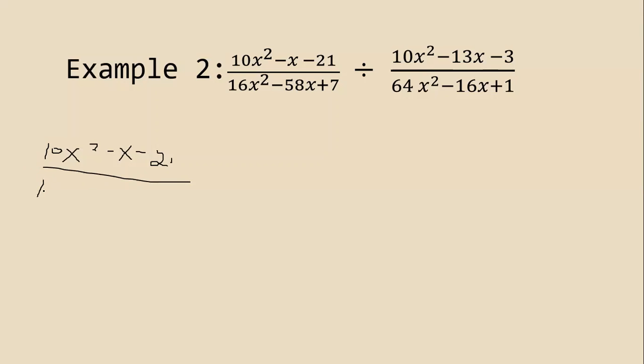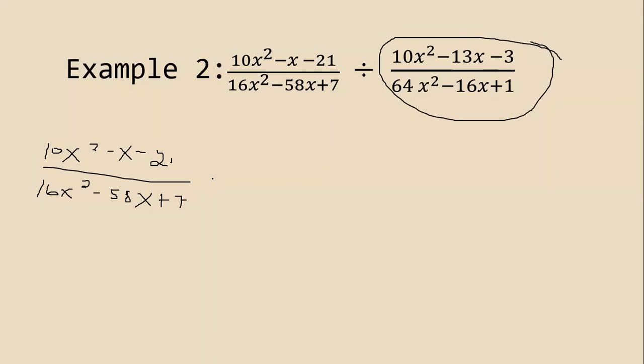and then our denominator. Denominator is found in the dividing rational expression. Our denominator is found after the operation sign division. So flip po natin yan. Reciprocal po natin.